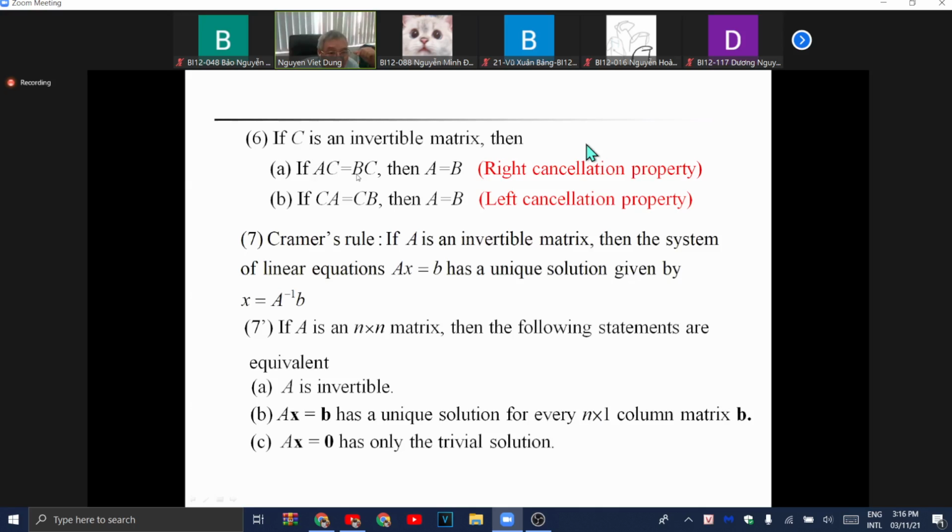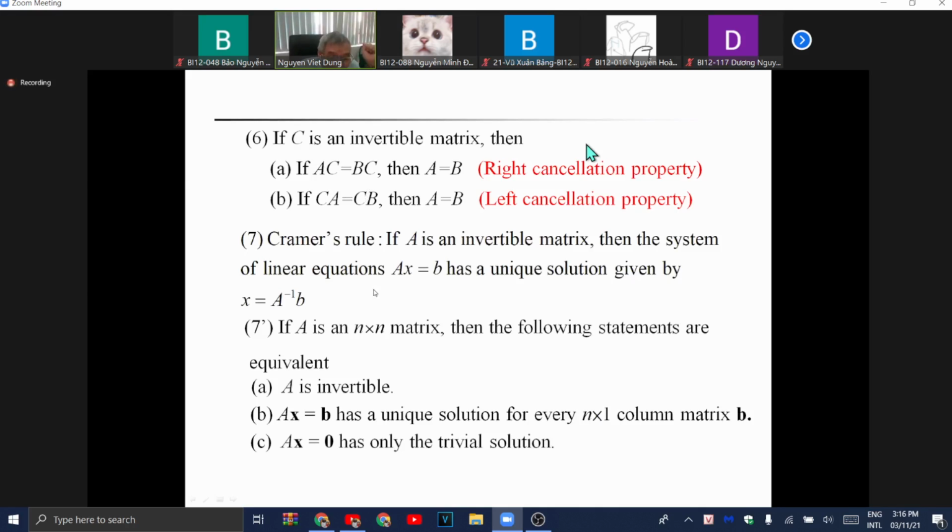Because of that, we call it the right cancellation property. Similarly, we have a left cancellation property saying that if CA equals CB and C is invertible, then we can cancel C on both sides to get A equals B.